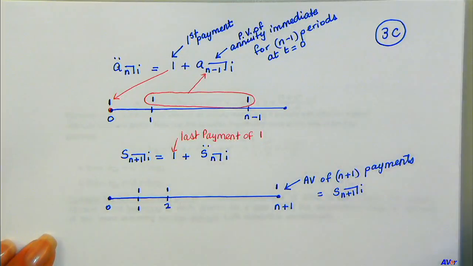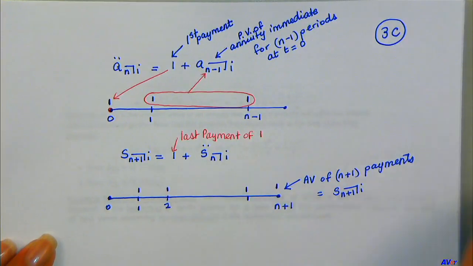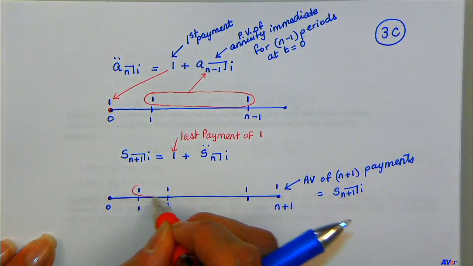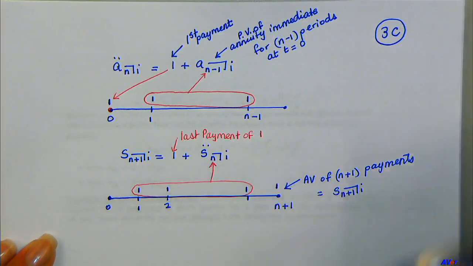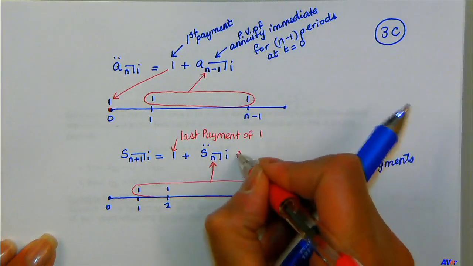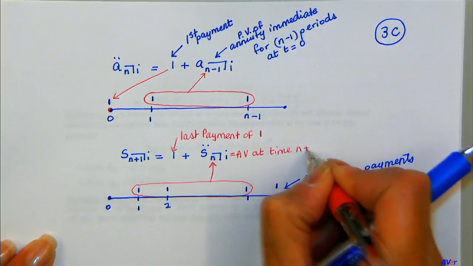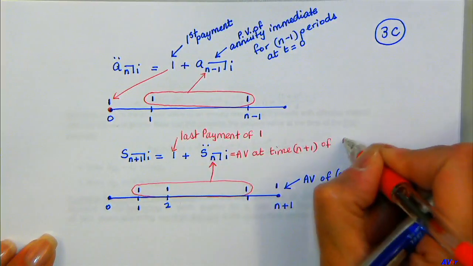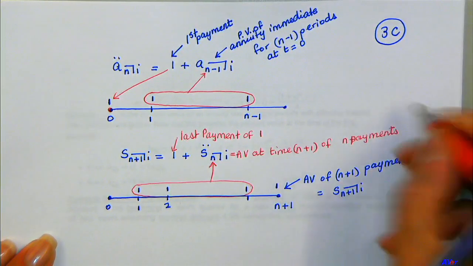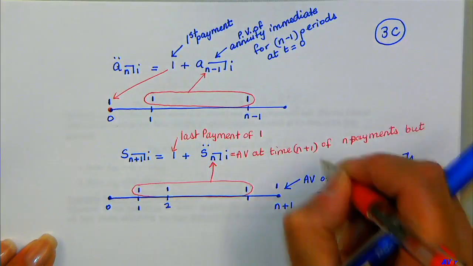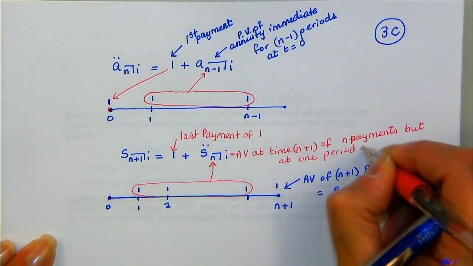Plus S double dot angle NI. So S double dot angle NI is the accumulated value at time n plus 1 of n payments, but at one period after the last payment.